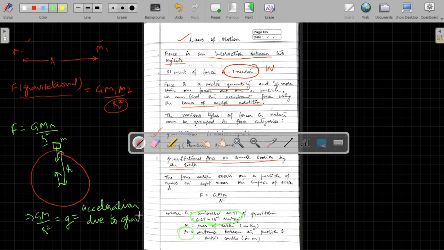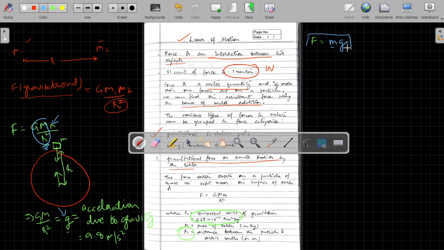This is relevant to us as we are mainly concerned with systems which are near Earth. So small g is the acceleration due to gravity, and its value we know as 9.8 meter per second square. This force acts on the mass m and acts towards the center of Earth. If we replace GM by r square with the value g, then the gravitational force exerted by Earth on a mass m is simply the mass of the body into g, where g is acceleration due to gravity.